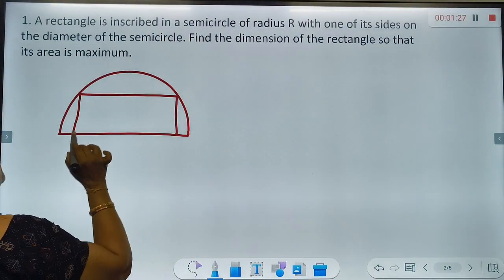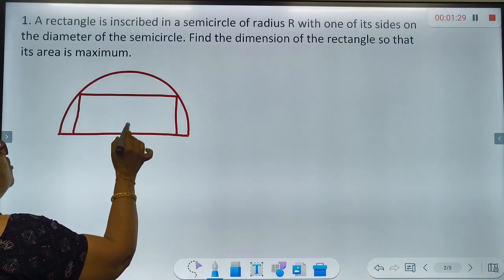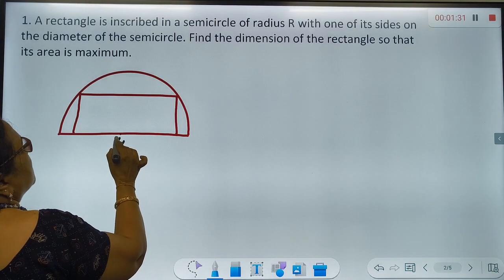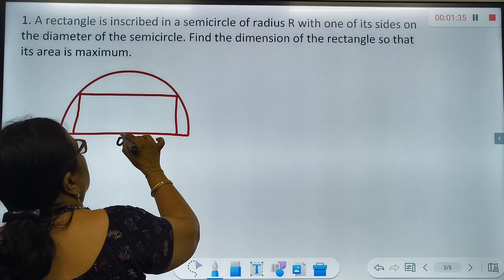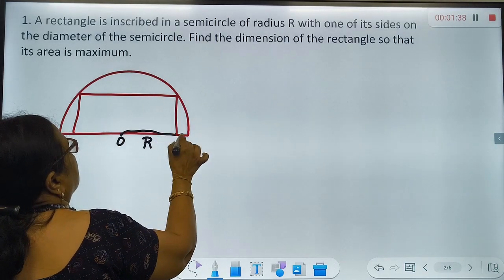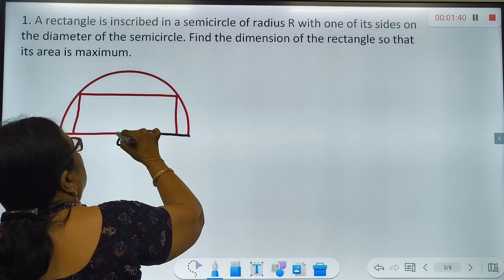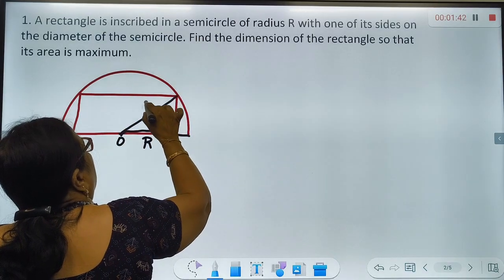What is given? The semicircle is of radius R. If this is the center, the radius of the semicircle is R. So if I join here, this will be R.